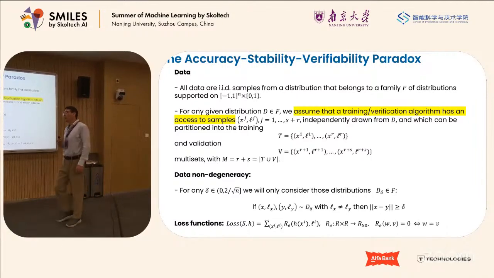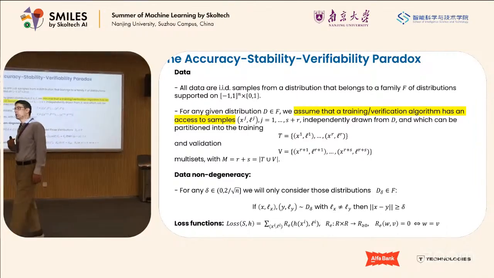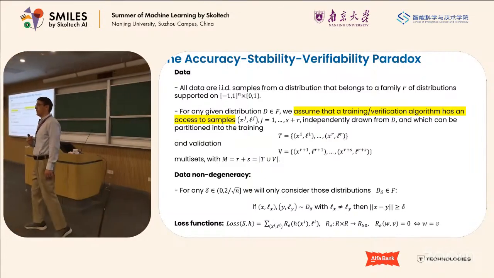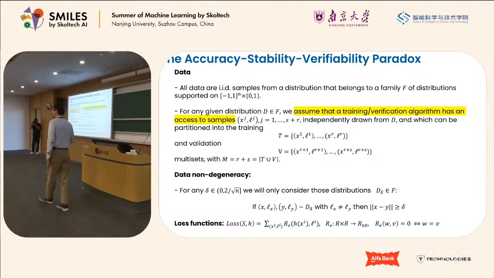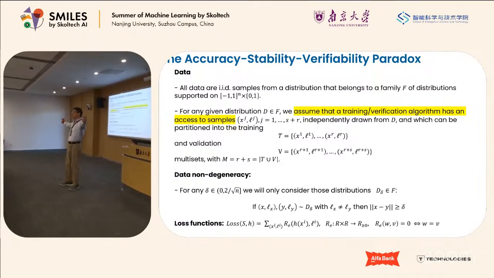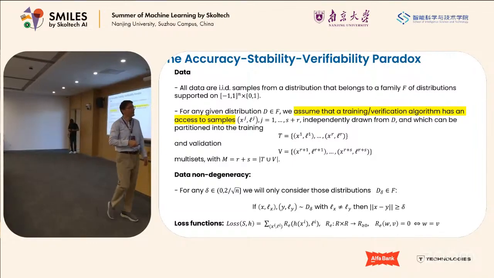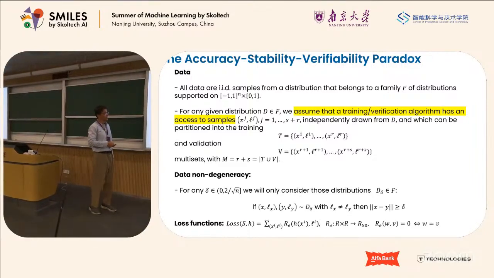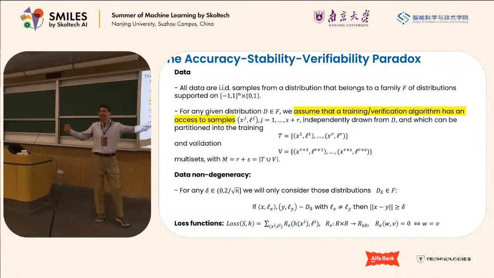Because I want to talk about stability, I want to constrain myself so that I cannot cheat. How do I constrain myself so that I cannot cheat? I should prevent my data points from concentrating and coming arbitrarily close together. This is what I'm writing here on the slide: if the labels of two points sampled from my distribution are different, then they have to be at least delta apart.